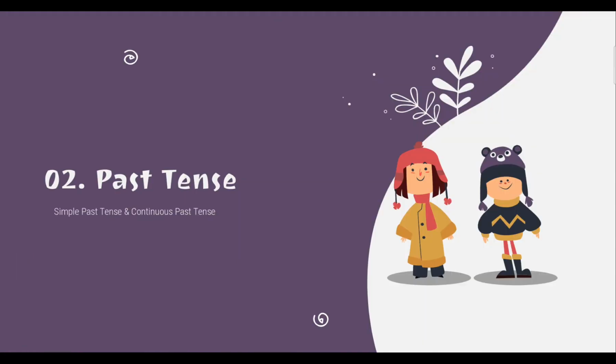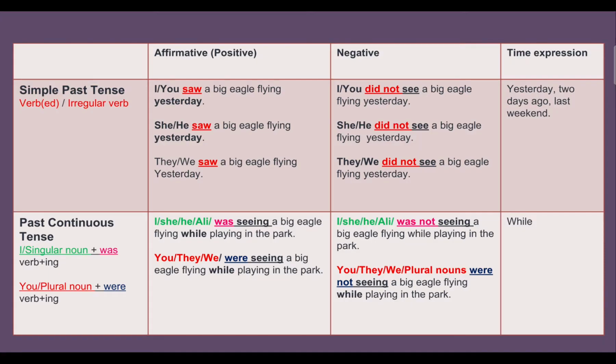So we are going to look into past tense. Here we are going to look into simple past tense and past continuous tense. Simple past tense is a verb tense used to talk about things that happened or existed before now. So basically it is an action that had already happened.